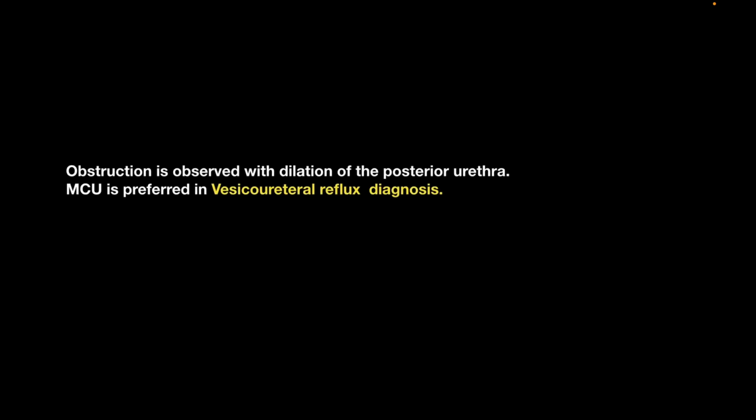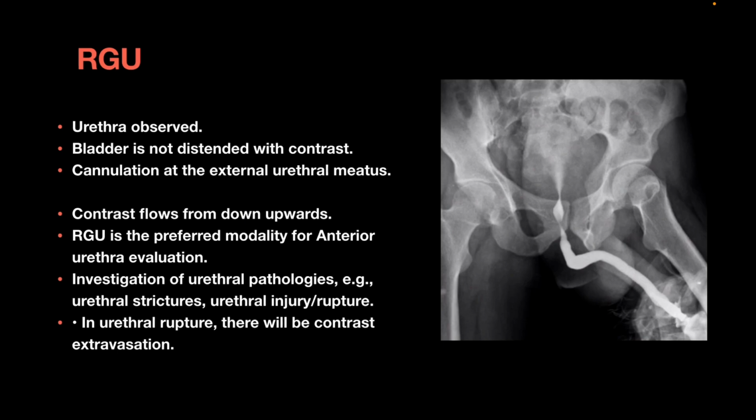Now the next modality is retrograde urethrogram. In retrograde urethrogram, the urethra is observed and the bladder is not distended with contrast. Cannulation at the external urethral meatus is done and the contrast flows from down to upwards.